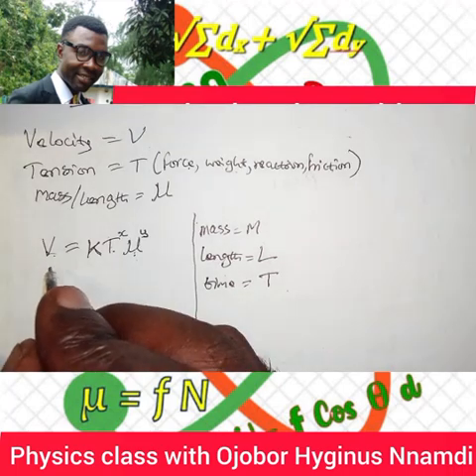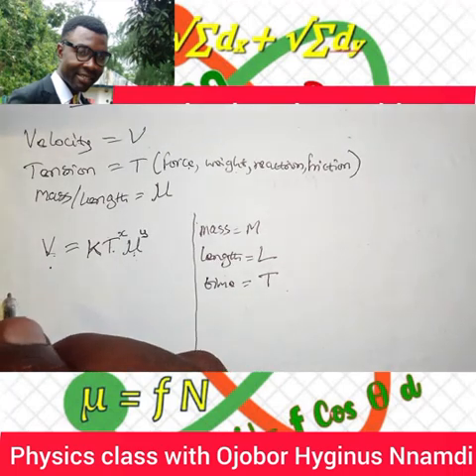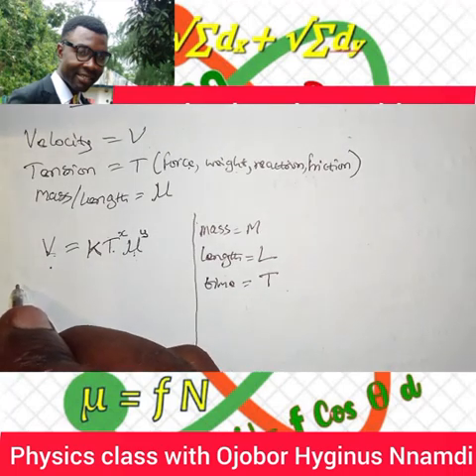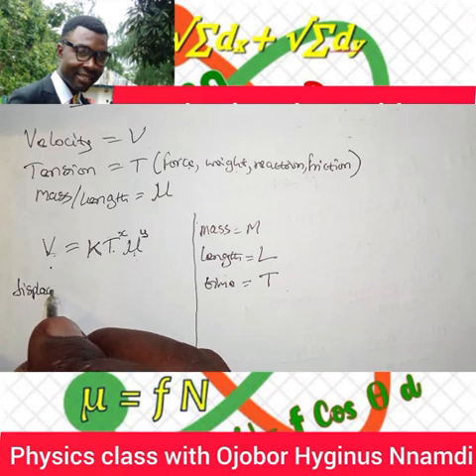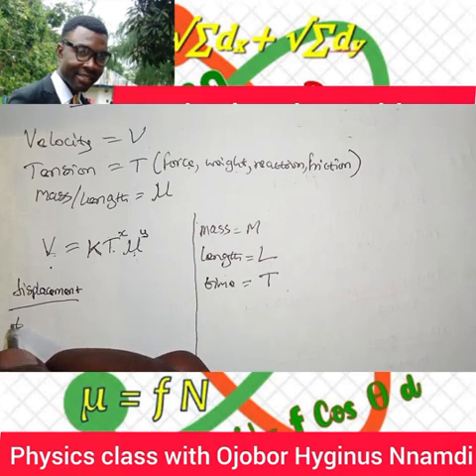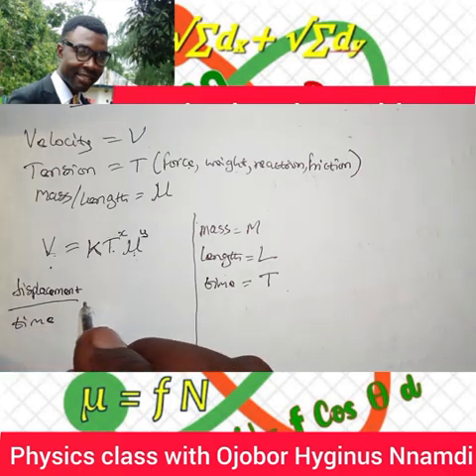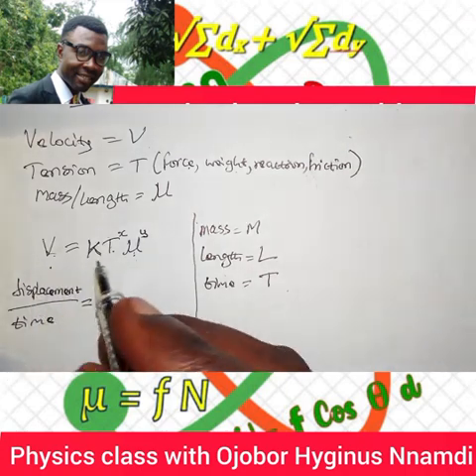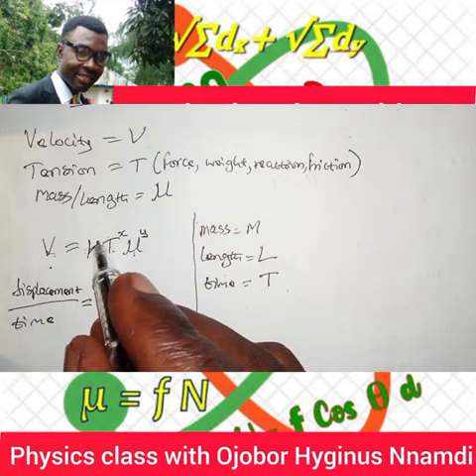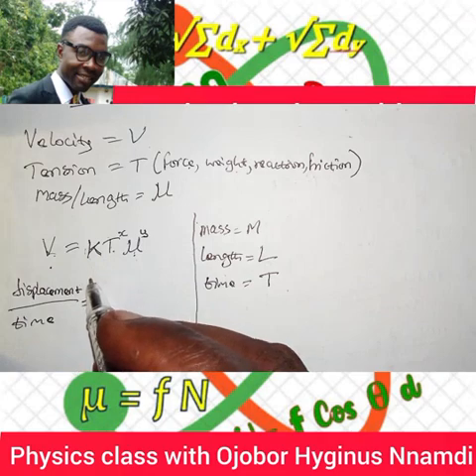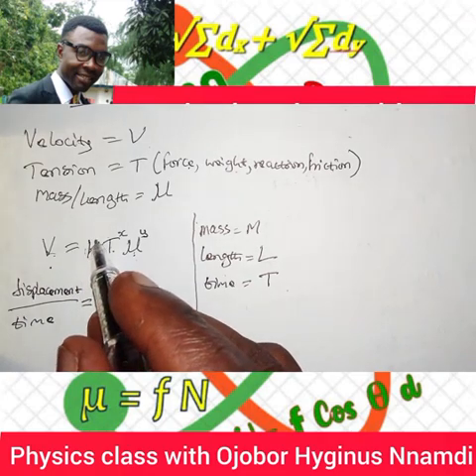So velocity, we know that the formula for velocity is displacement all over time. Displacement over time is velocity. That is for this side, equal to, we can ignore this k for the meantime. After we are done, we will return it, but dimensionally we don't need the constant.